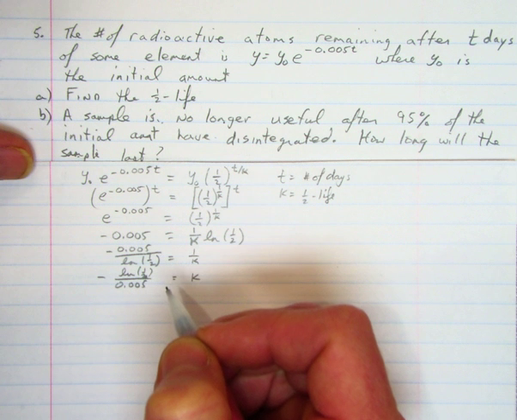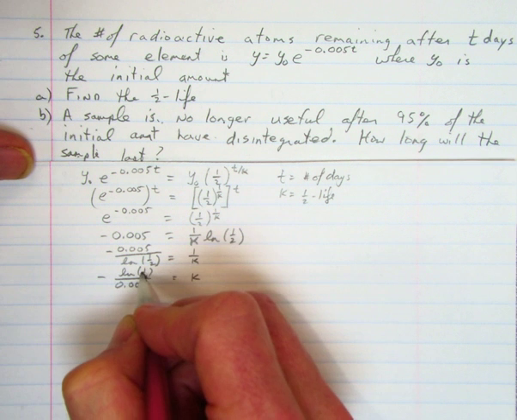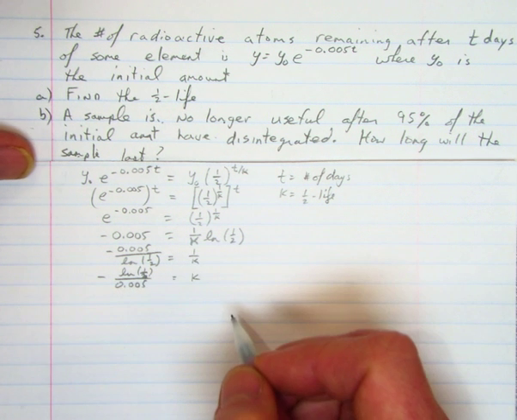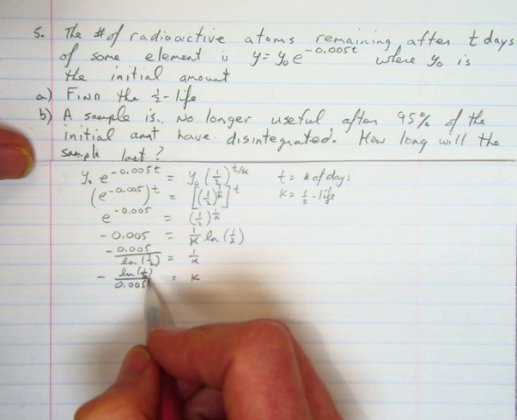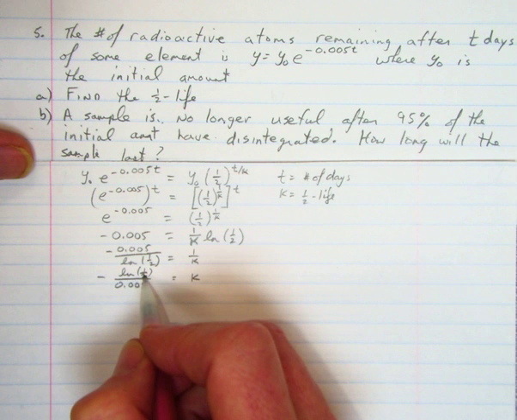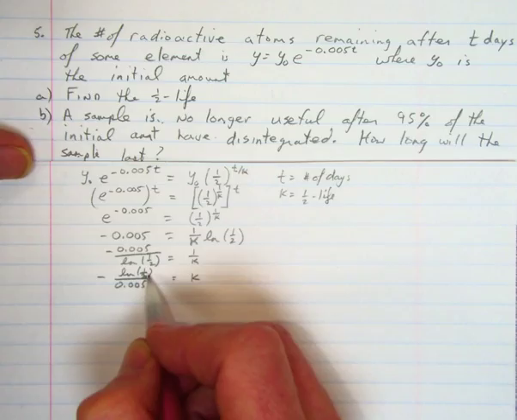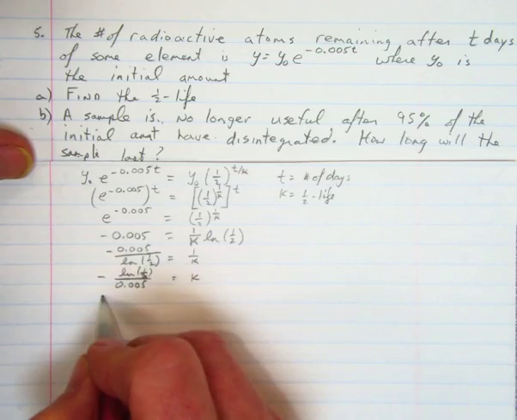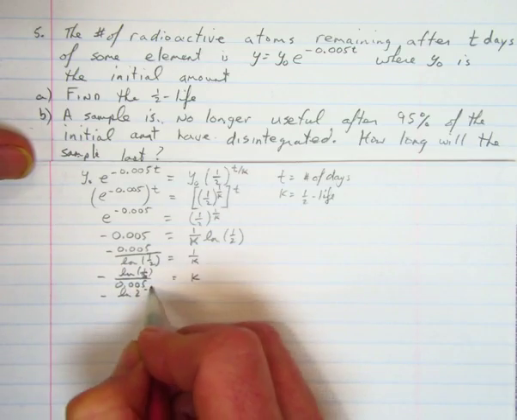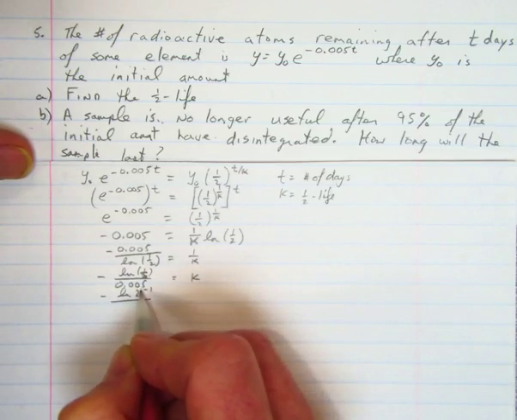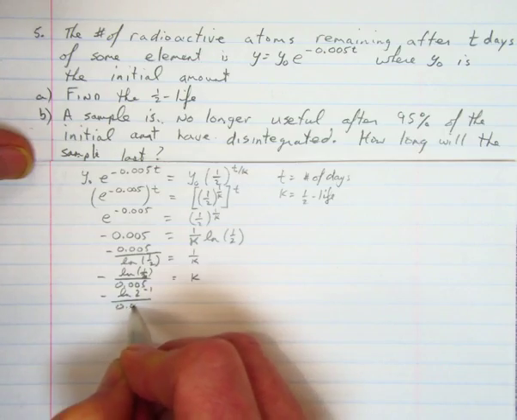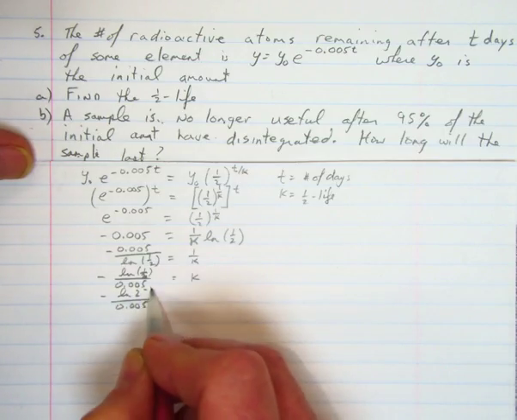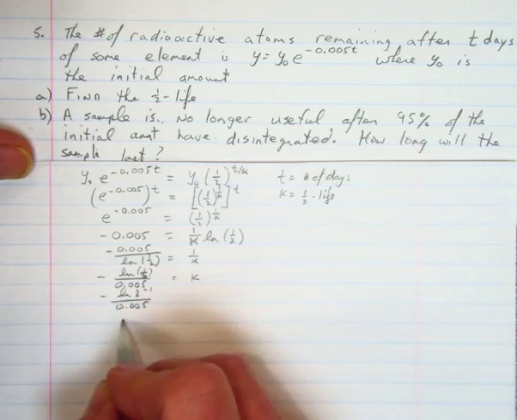Now if we were going to use a calculator, we just type it in right now. Let's say we didn't have a calculator. We could simplify this because recall ln of 1/2 is the same as ln of 2 to the negative 1. So if we take that as 2 to the negative 1 divided by 0.005, that negative 1 can come down, which will make it positive.